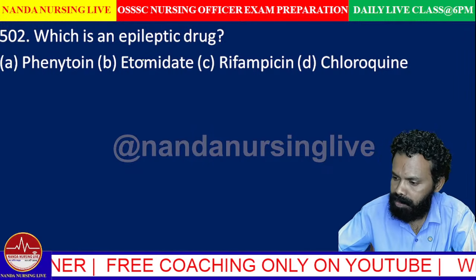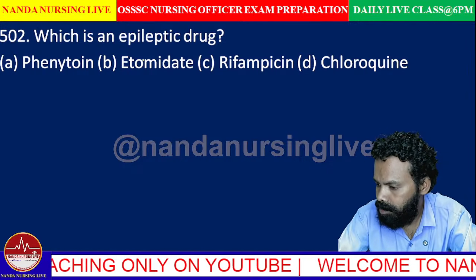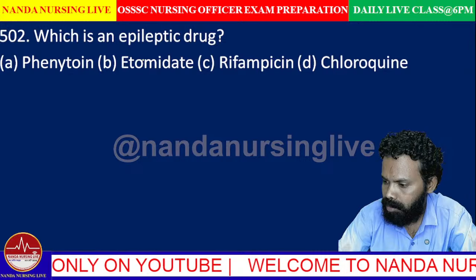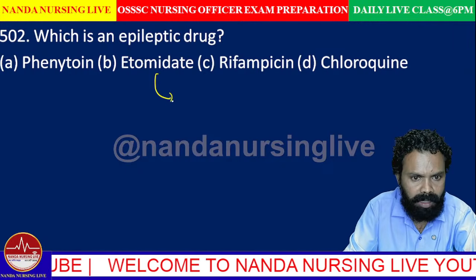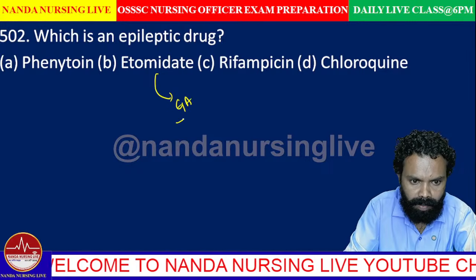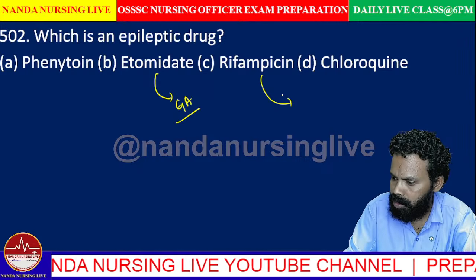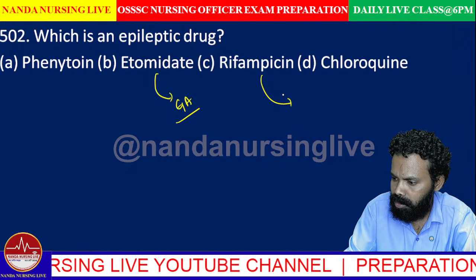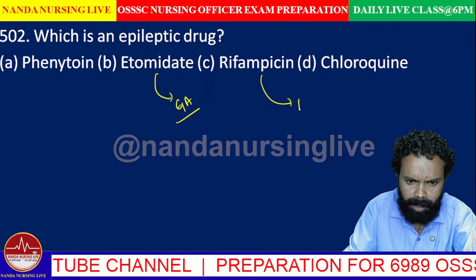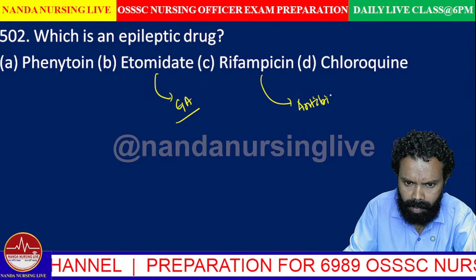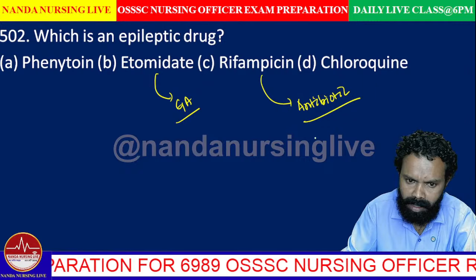Which option is the correct answer? Antiepileptic drug. Etomidate, this is for general anesthesia, GA. Rifampicin is an antibiotic, used for bacterial infections.